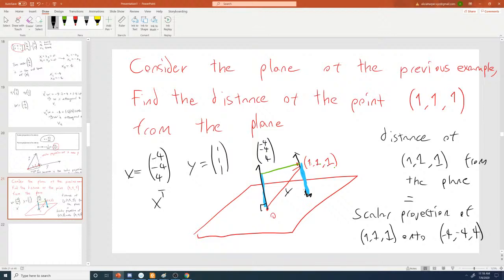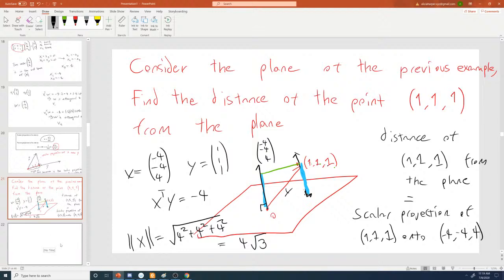We note that x transpose times y is simply -4. And the length of the vector x is precisely the square root of 4 squared plus 4 squared plus 4 squared, which is the same thing as 4 times the square root of 3.